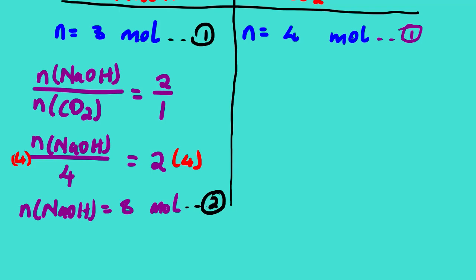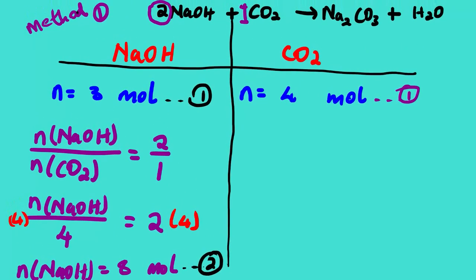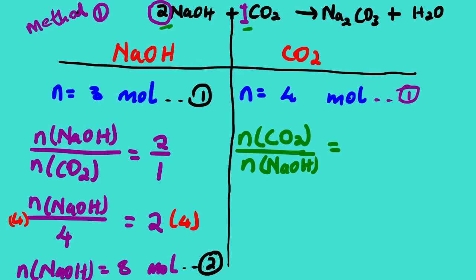Then we go back and do the very same thing with carbon dioxide. The one that we're looking for, we normally put it on the numerator level, divided by the number of mole of the other substance that we're actually checking, equals to the corresponding coefficients, we have 1 and 2, so it's 1 over 2.